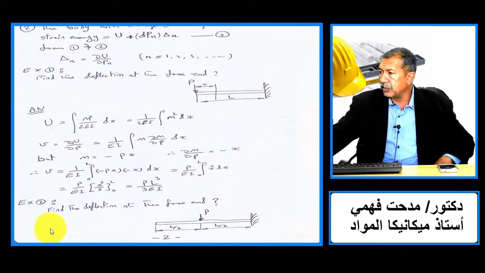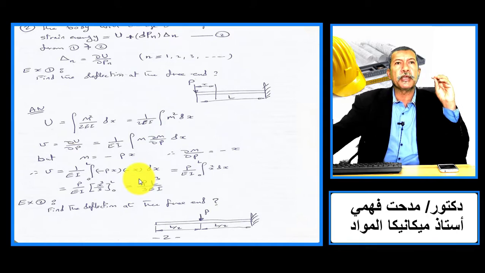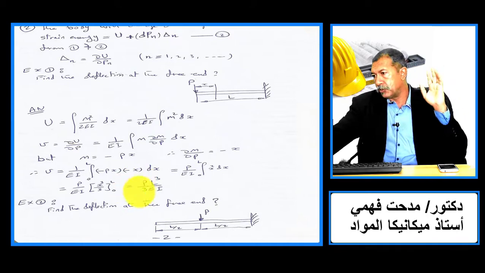Inside we have x squared dx, which becomes x cubed by 3, and we substitute from L to 0. That means V equals B L cubed divided by 3EI. This means that the deflection at the free end for this beam equals this amount, and it depends on the amount of the force.